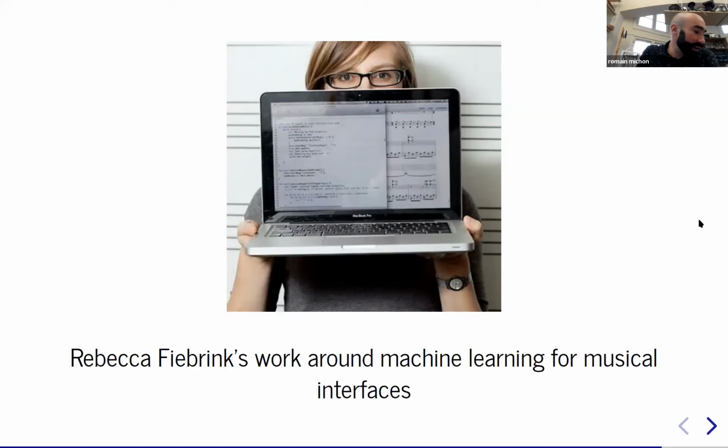finish this in time. Okay, this is Rebecca Fiebrink, and Rebecca Fiebrink has been working a lot on the use of machine learning for musical interfaces. And there is a whole field behind this now, part of the NIME community. So if you're interested in that, just look up her name on Google Scholar, and there are a lot of papers that will give you an overview of what people are doing in this field.